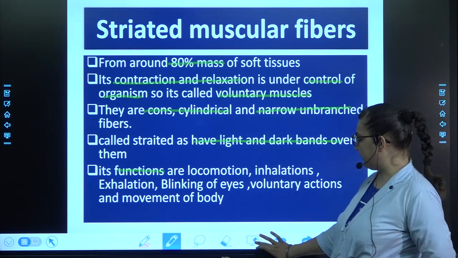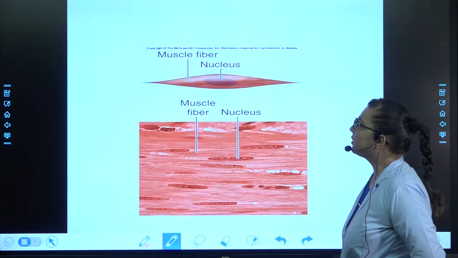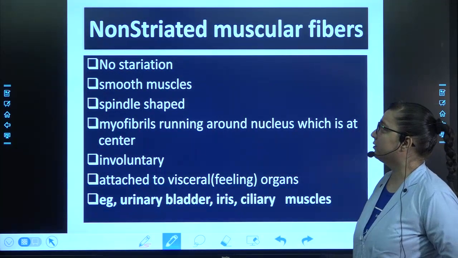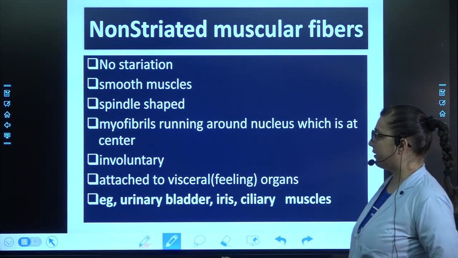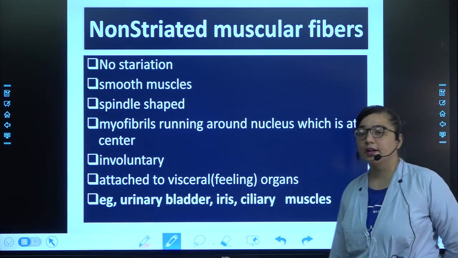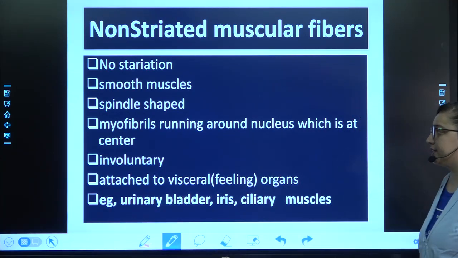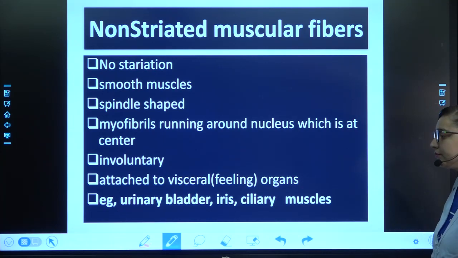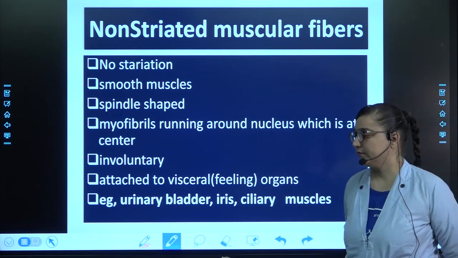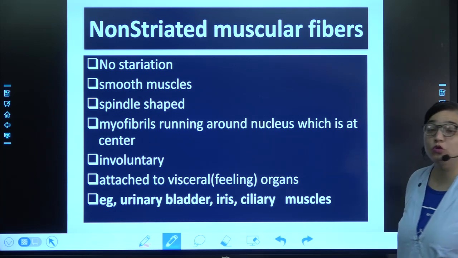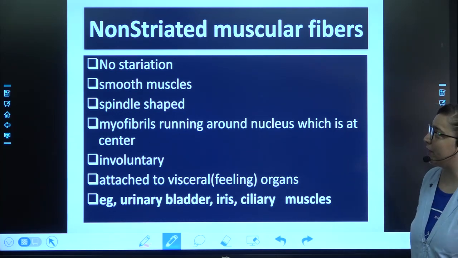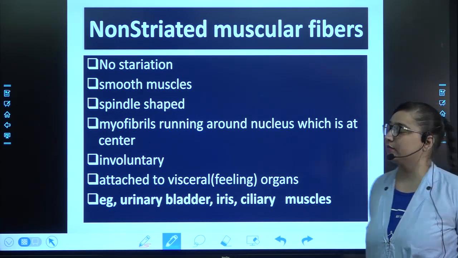I hope you have noted the content. Muscular fiber, here all are written in short only. Note down important points. It is also called smooth muscle, famous by that name only.